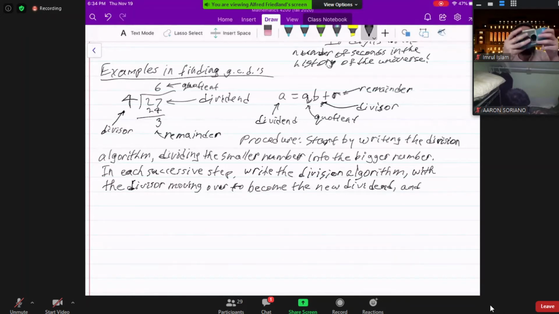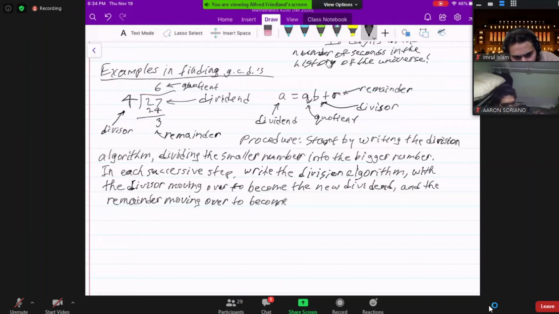And the remainder moving over to become the new divisor. Wow, this is working great. Thank you so much for the suggestion.